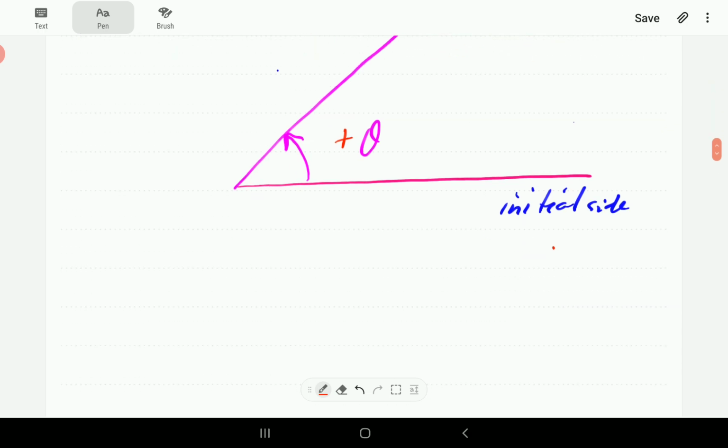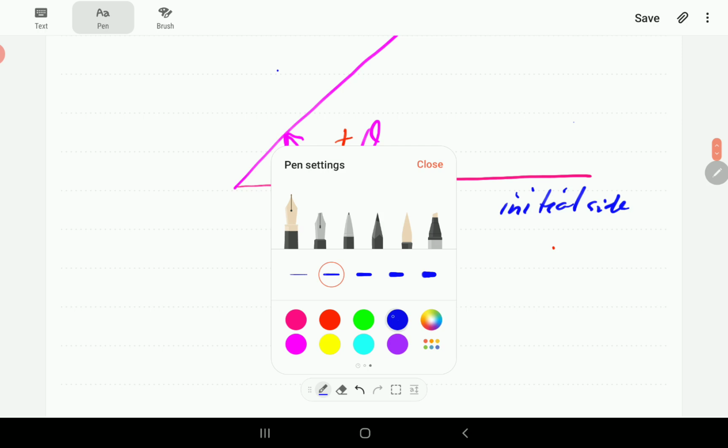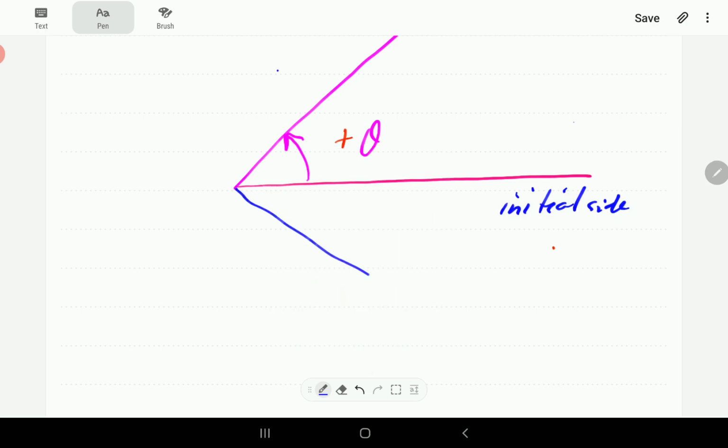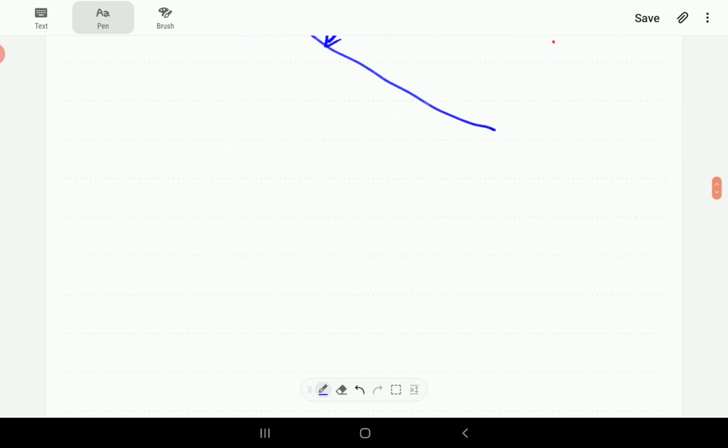Of course, we could form an angle by rotating or tilting that line in the clockwise direction like this, in which case that angle is going to be called a negative angle. Notice that this is different from the convention, for instance, on bearings, because if you will remember, on bearings all angles are measured from the north, and in that case the positive is clockwise.